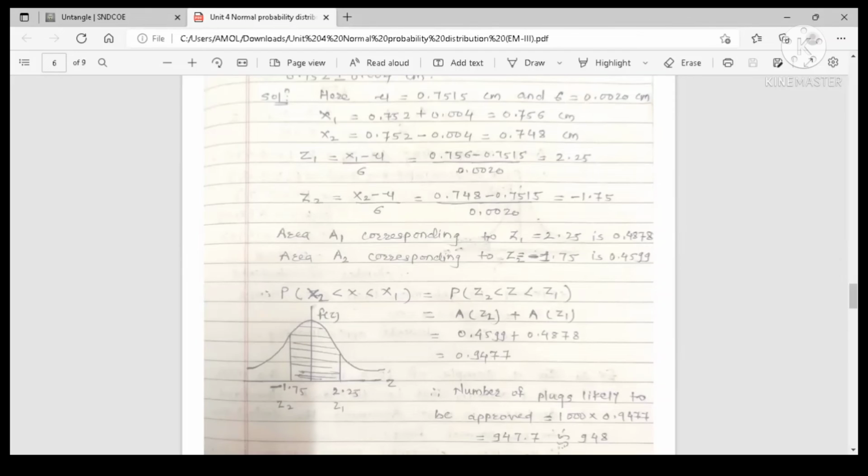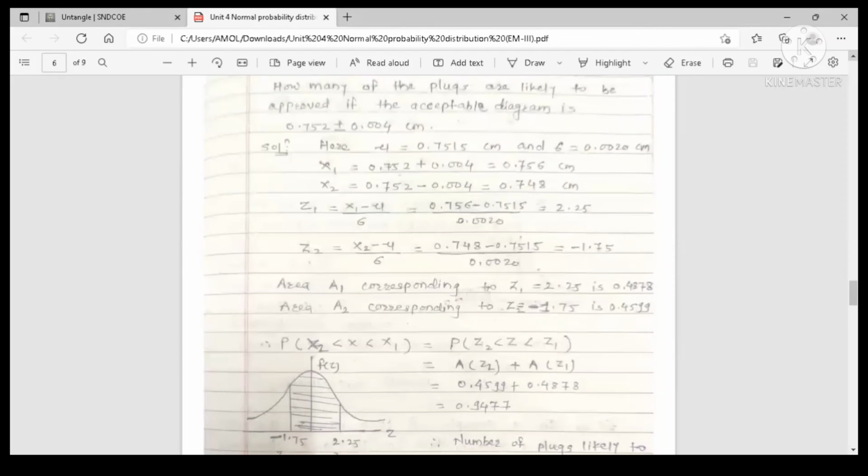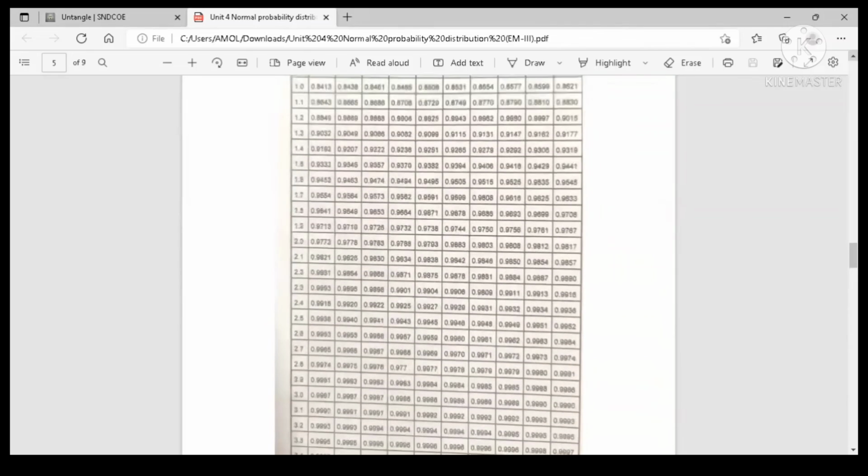You again take the area for 2.25 from the distribution table.